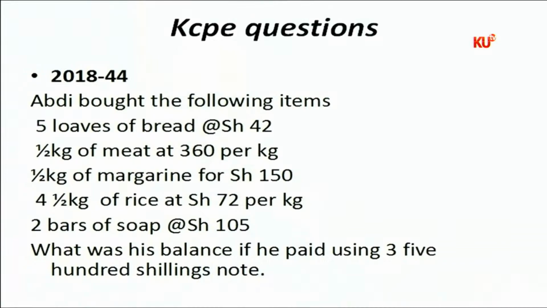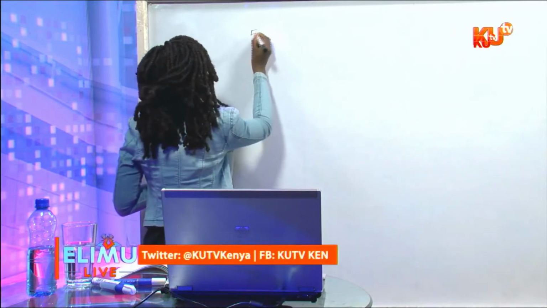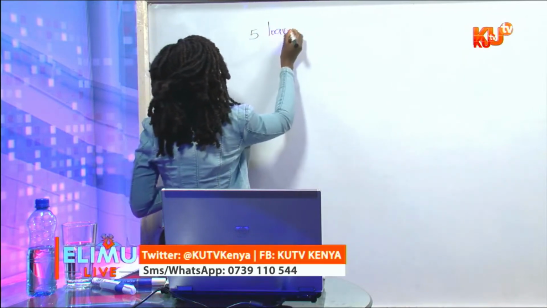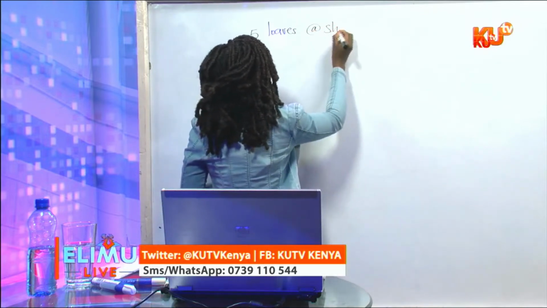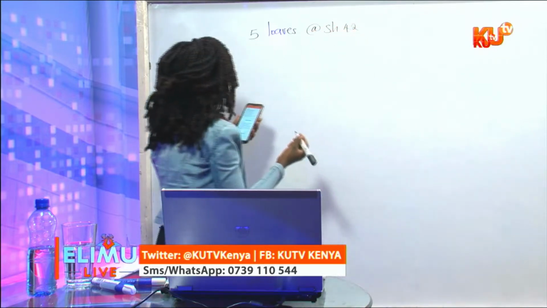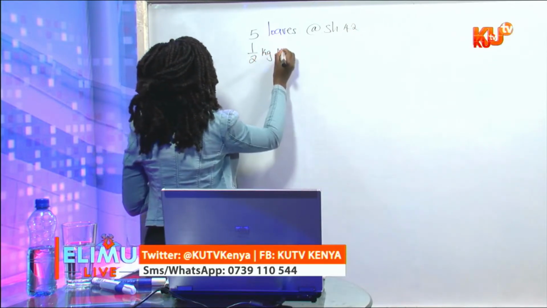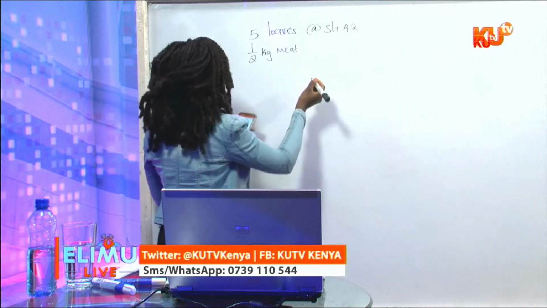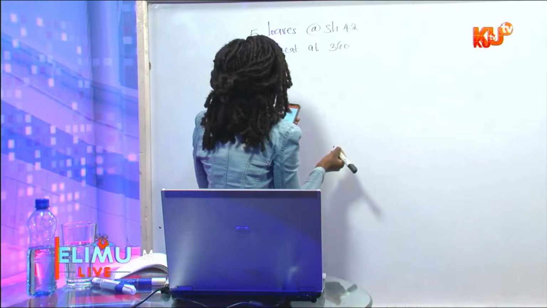The first thing is to prepare the bill. So 5 loaves of bread at 42 shillings, then a half kg of meat at 360 shillings per kg.